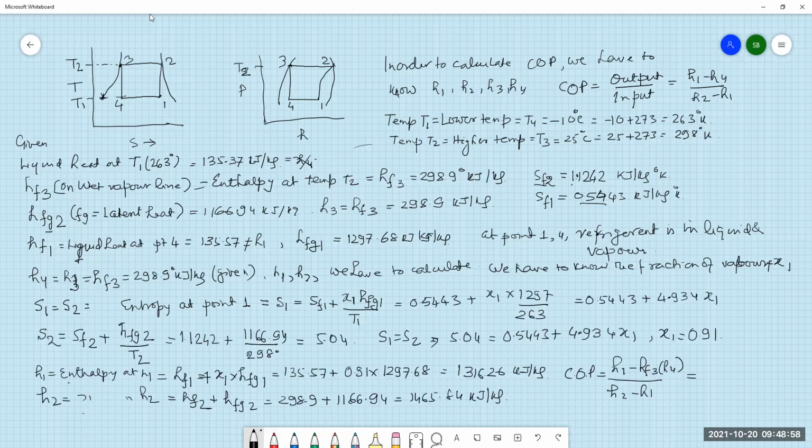So if we put all of them in, that will be equal to 1316.26 minus 298.9, divided by 1465.84 minus 1316.26, which is equal to 6.8. That is the answer of this question.